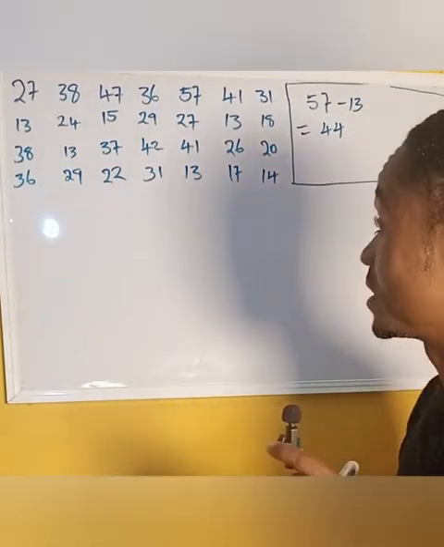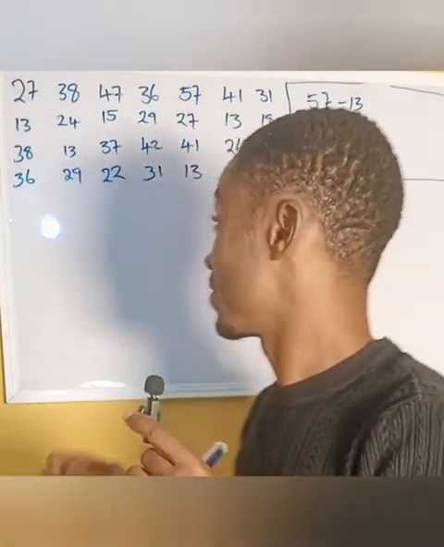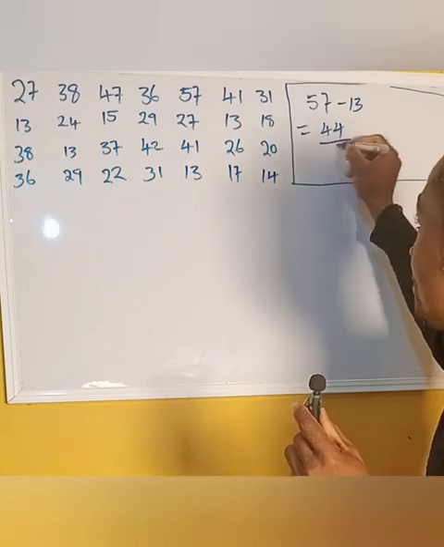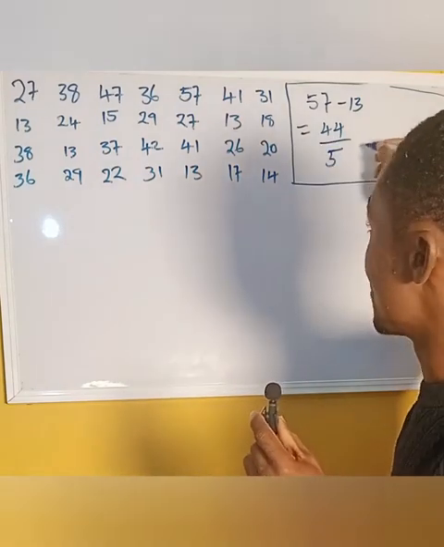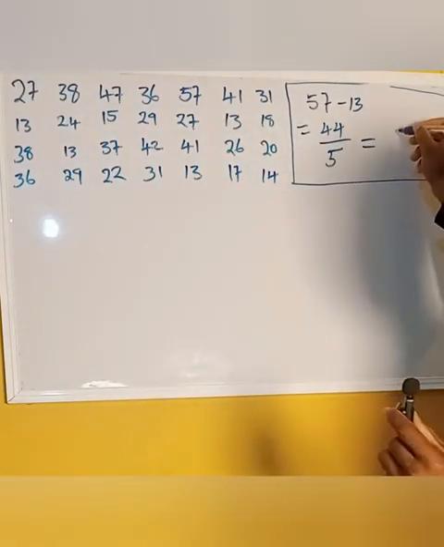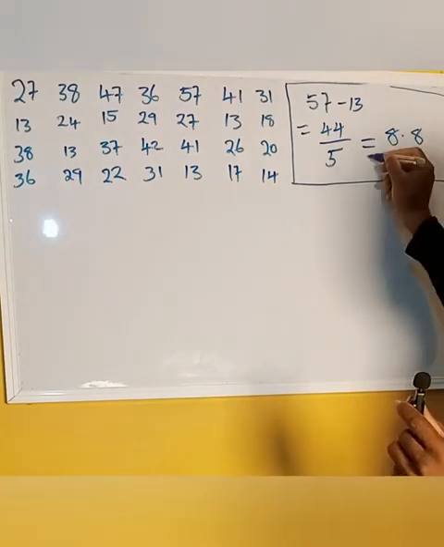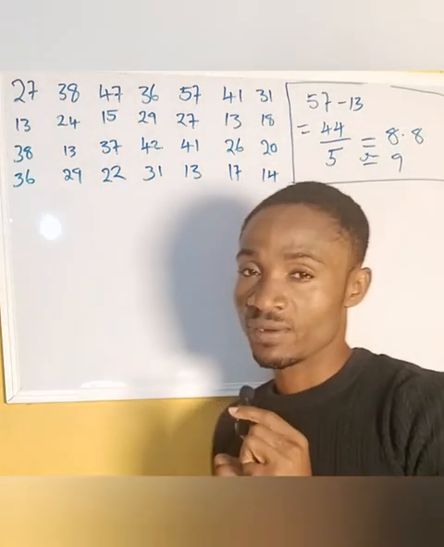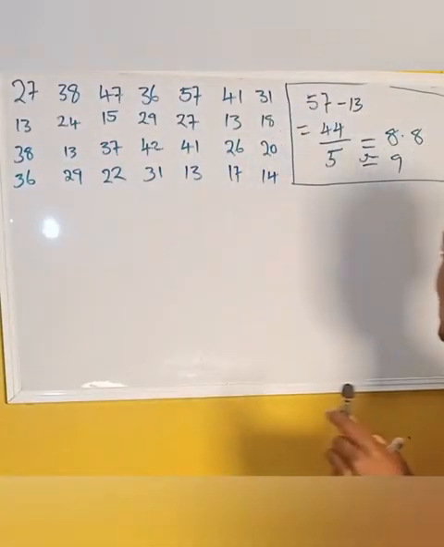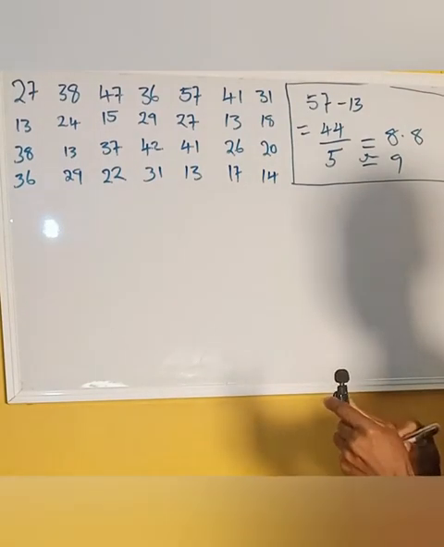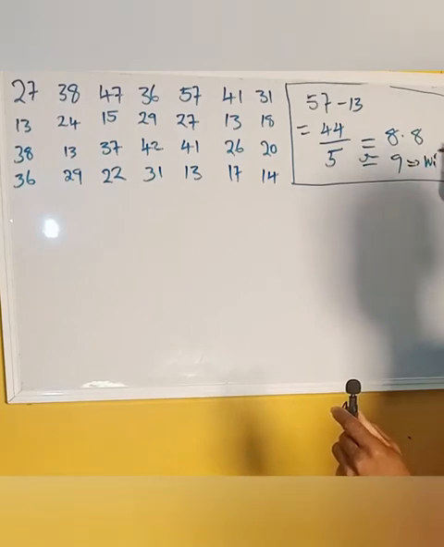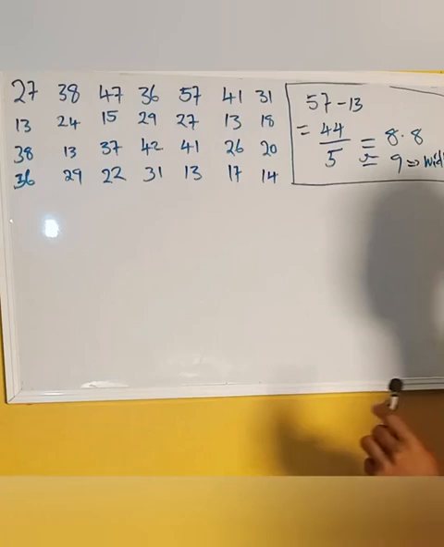At this place, you decide how many classes you want to have. I will go for 5 because of the size of my board. I therefore have 8.8, which you can approximate to 9. So the unit of my data set is 9, and this automatically becomes my width. You can call it your class width.